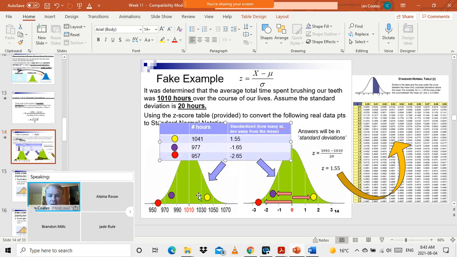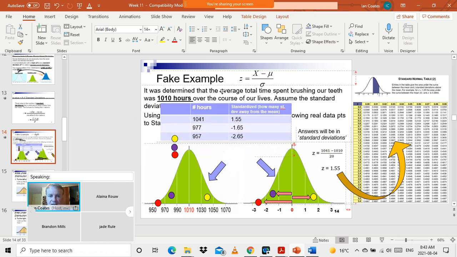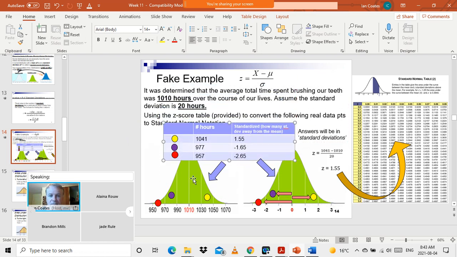Good enough. So you can see that I just have two normal curves here, and these are real data points that I just chose. Here I have some people who spent 1,041 hours brushing their teeth. You'll see there's your mean, the same one I used for oranges. And 1,041 falls in right in here.